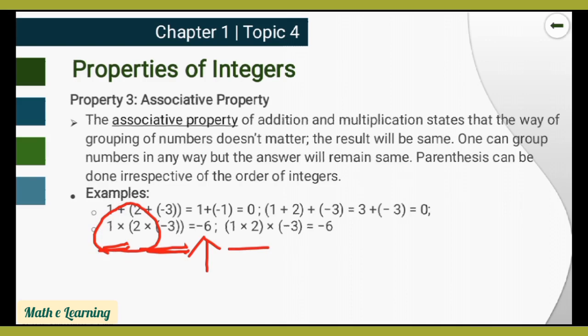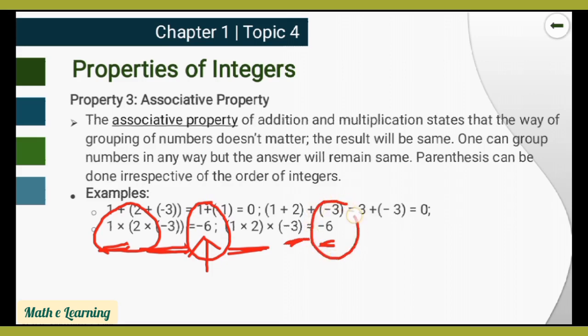We take 1 and 2 into the brackets, multiply by minus 3, and 2 ones are 2. 2 multiplied by minus 3 is equal to minus 6.